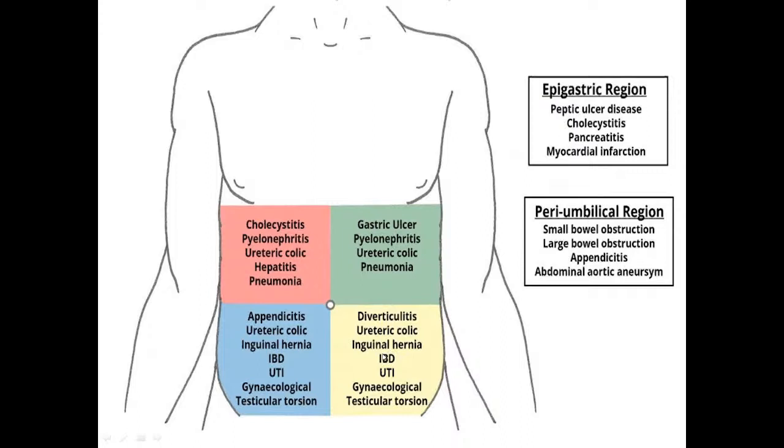On the left side, you can see the symptoms of diverticulitis, ureteric colic, inguinal hernia, UTI, gynecological conditions and testicular torsion. It is a region where we can find the symptoms of other diseases.